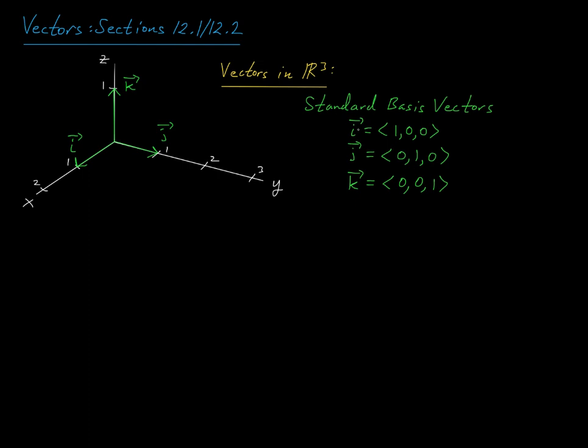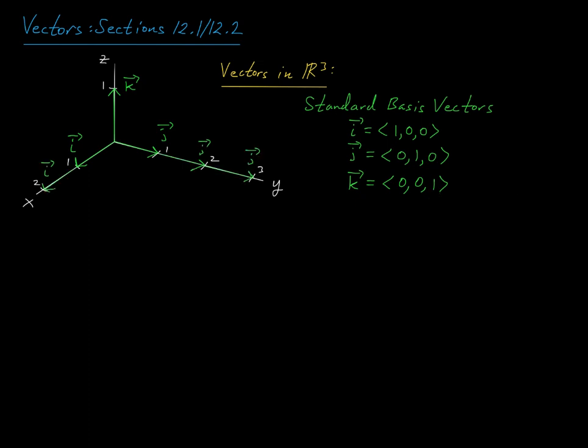So i, by definition, is the vector of magnitude 1 that points in the direction of the positive x-axis. j is the vector of magnitude 1 that points in the direction of the positive y-axis, and likewise k has magnitude 1 and points in the direction of the positive z-axis. So in component form, i is 1, 0, 0, j is 0, 1, 0, and k is 0, 0, 1.